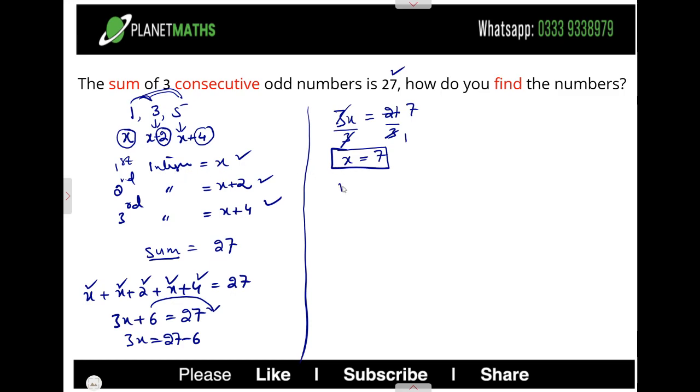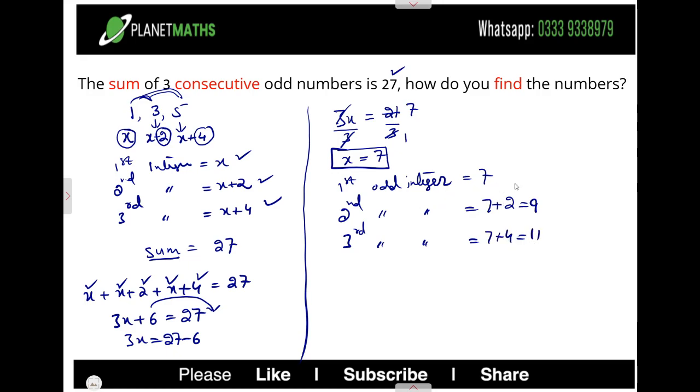Now we can say that the first odd integer is 7. The second odd integer will be x plus 2, and the value of x is 7, so 7 plus 2 is 9. And the third integer, x plus 4, means 7 plus 4, which is equal to 11.